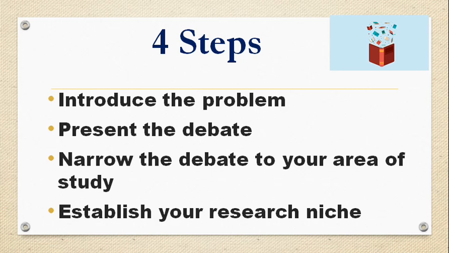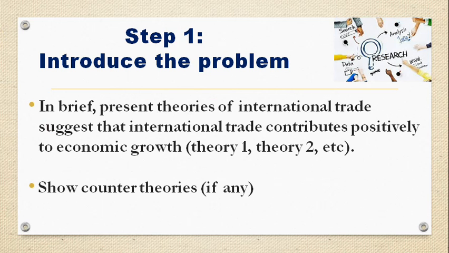You introduce the problem, the challenge. Now you present the debate around it, and then you narrow down the debate to your area of study, and then you establish what I call your research niche. Once you do that, you have a statement of problem that is quite clear. So what is the first step?